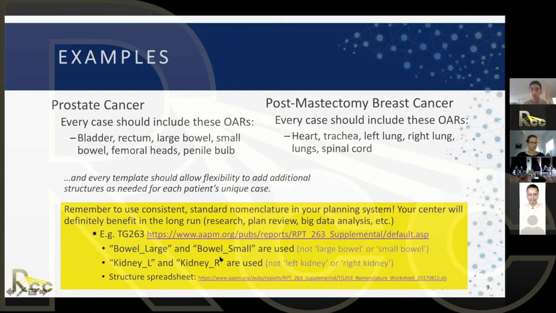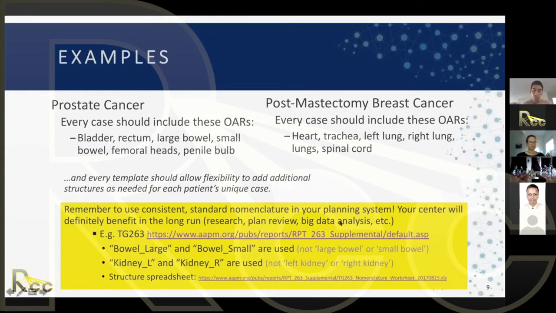If, as a center, from the very beginning, you use the exact same names, it'll help you so much in the long run. It'll help when you're doing your plan reviews. If you ever want to do research and collect and measure data, it'll save you so much time in not having to match different names.